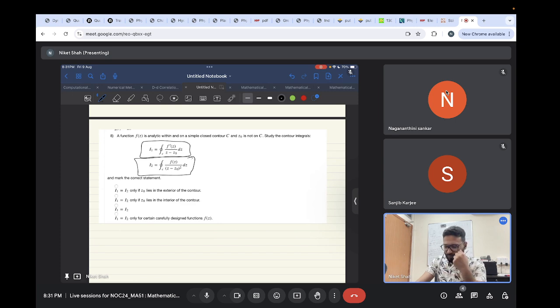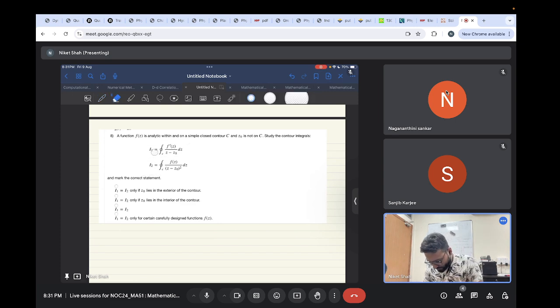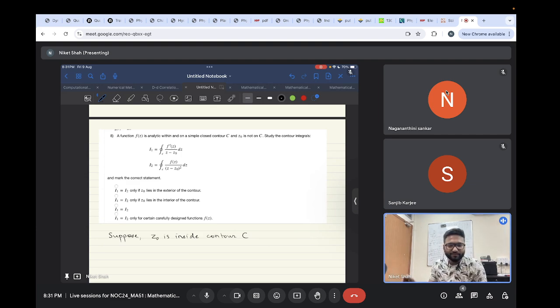Okay, so let's go about doing this. Suppose z0 is inside the contour C. We are told that f of z is analytic, which means f prime of z is also analytic, right?